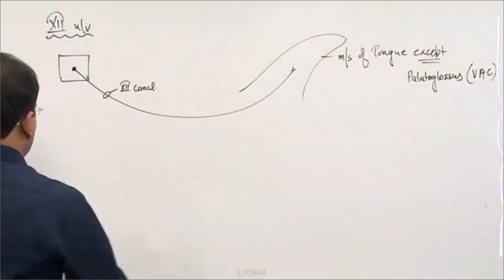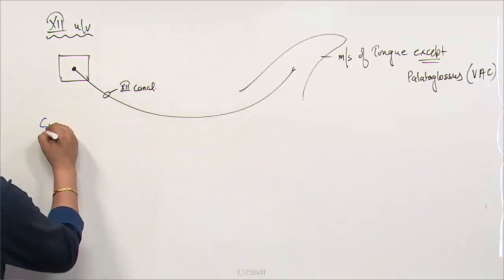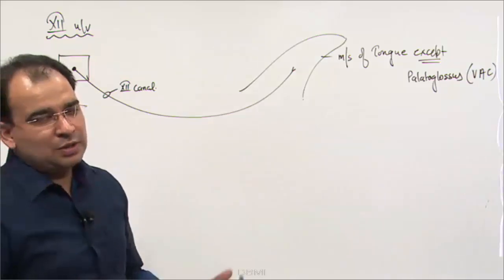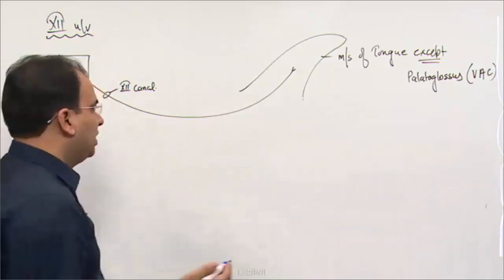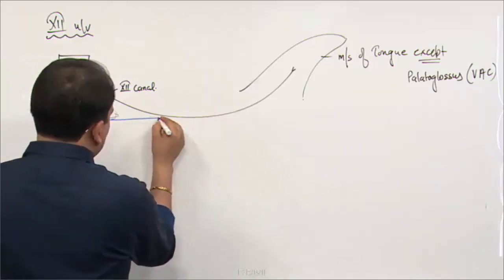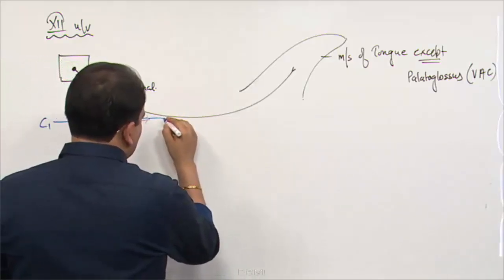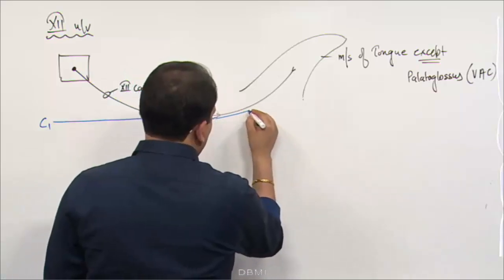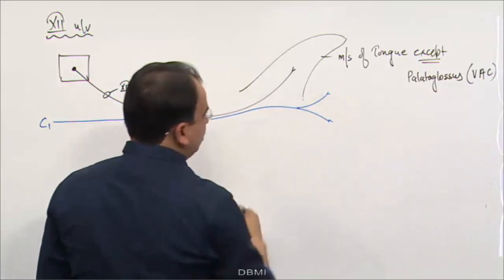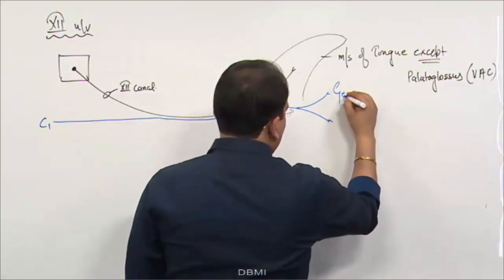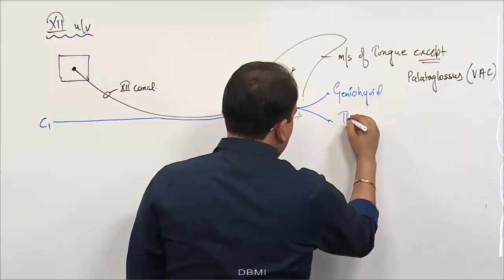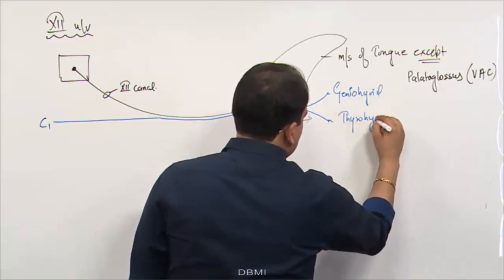Well, if you look at the first cervical spinal nerve C1, the C1 fibers will hitchhike with the hypoglossal nerve. As we saw, the head and neck is full of hitchhiking. So we have the C1 fibers which will go and hitchhike with the hypoglossal nerve, and in the anterior part they will supply two muscles, one above the hyoid bone and one below the hyoid bone, that is geniohyoid and thyrohyoid.